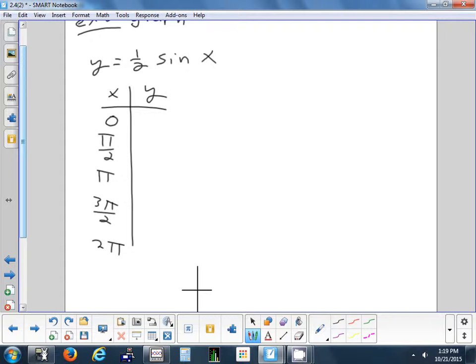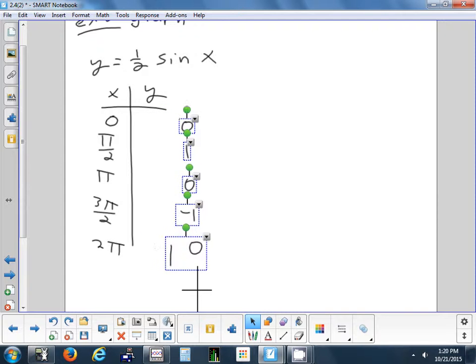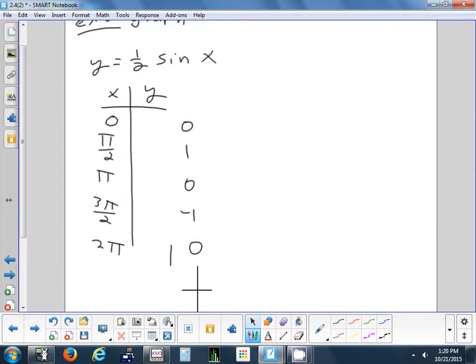Okay, Tyler, what are my y values for sine? 0, 1, 0, -1, 0. All right, 0, 1, 0, -1, 0. Oops. And let's put those off to the right because we're going to do something to them.